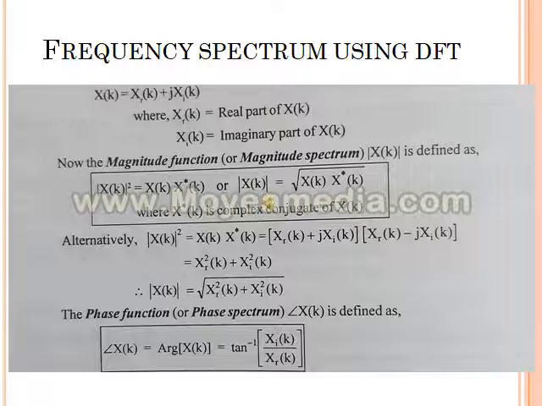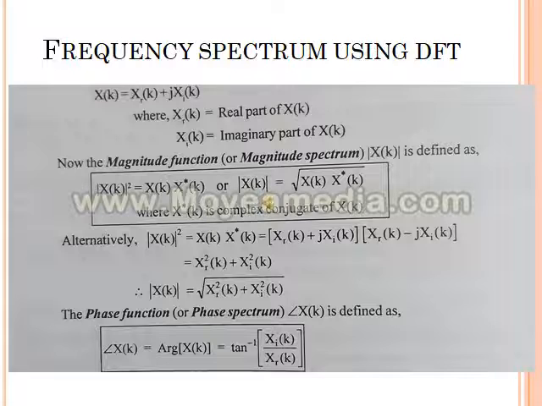So this will give you the magnitude of the signal. This is represented by |X(k)|, which is equal to the square root of X_R squared(k), the square of the real part, plus X_I squared(k), the square of the imaginary part.